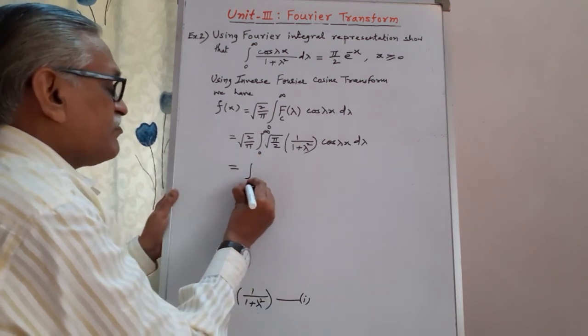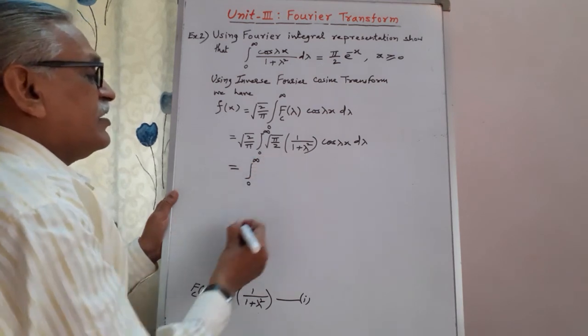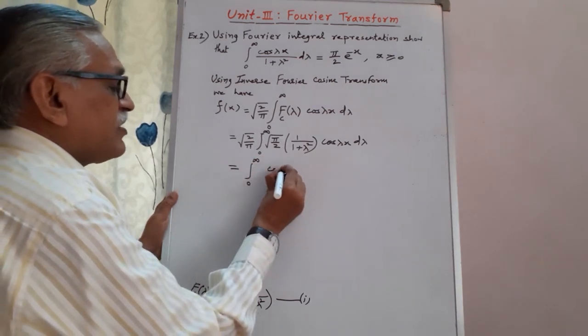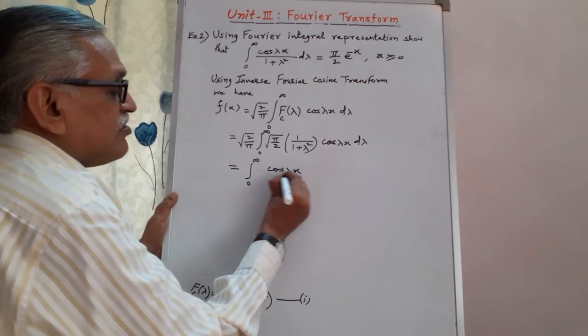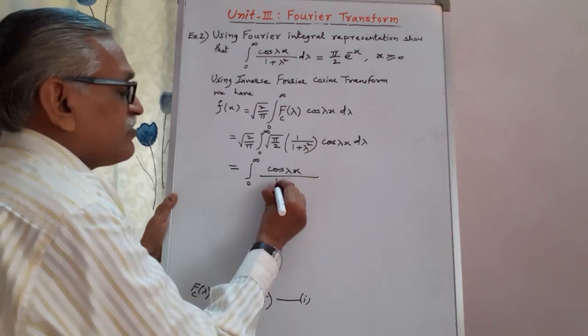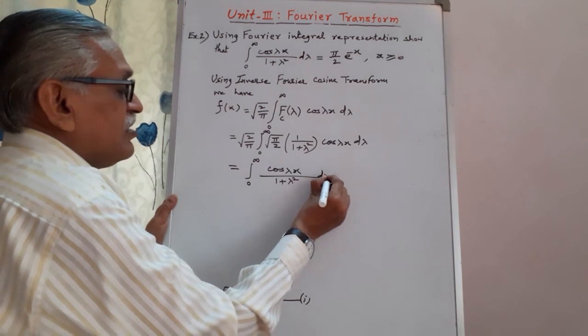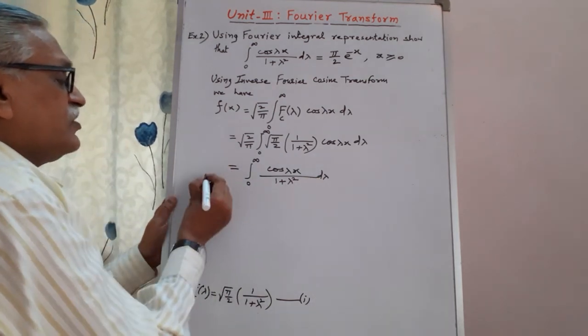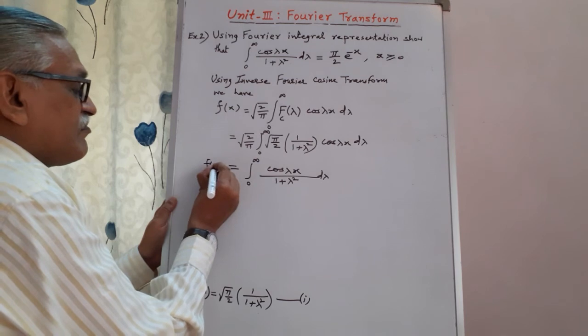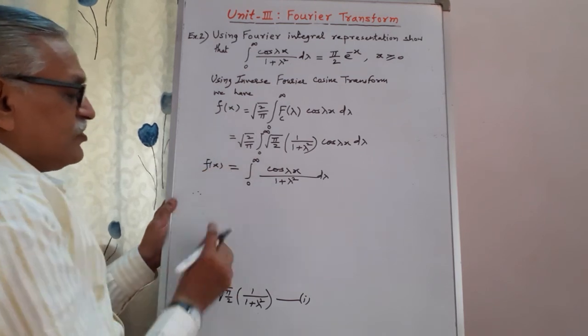The remaining term is cos lambda x divided by 1 plus lambda square d lambda, which equals fx.